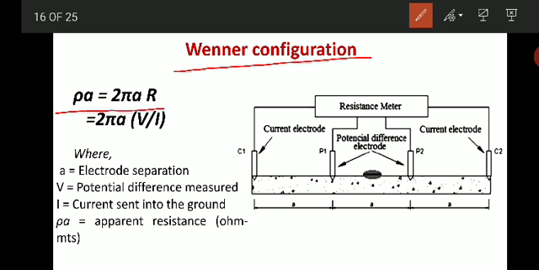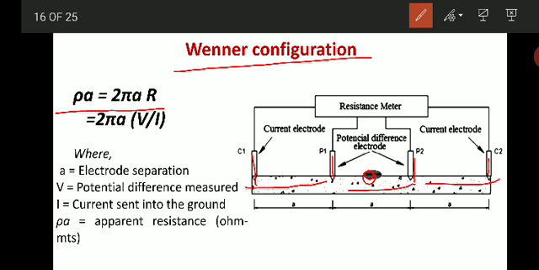So these are the two potential electrodes and these are the two current electrodes, C1 C2 and P1 P2. In the Wenner configuration, the spacing between all the electrodes will remain the same.